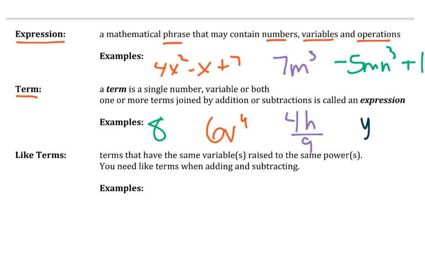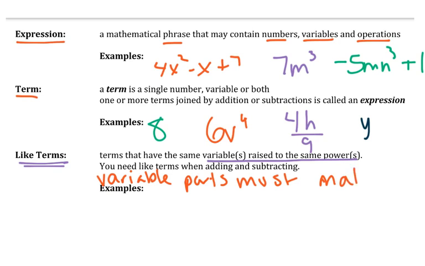Okay, the next thing that we need to talk about are like terms, and you've talked about this in previous years. Okay, so terms that have the same variable raised to the same power. So in other words, the variable parts must match, and that has to be an exact match.